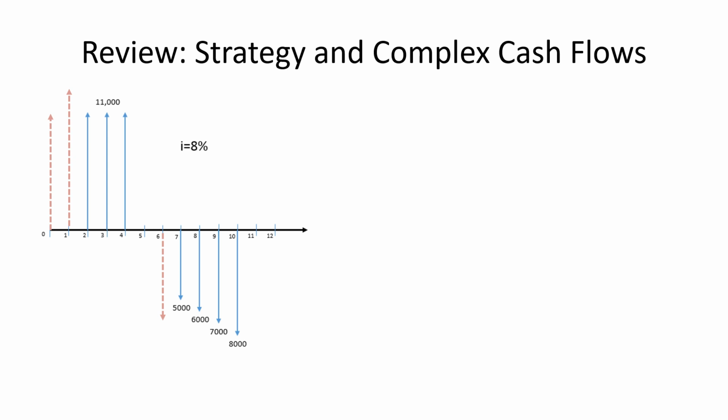Okay, so the third step is find P given A for I equals 8%, and N is, let's see, 1, 2, 3, 4. So N equals 4 for that one.